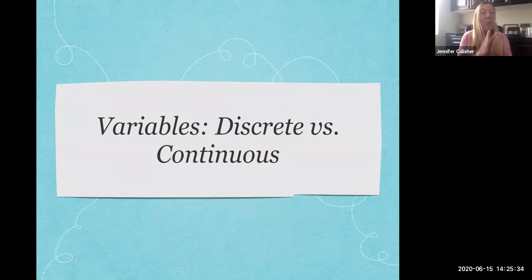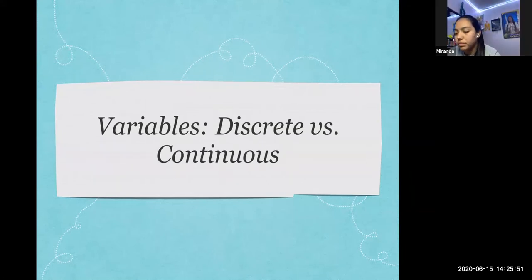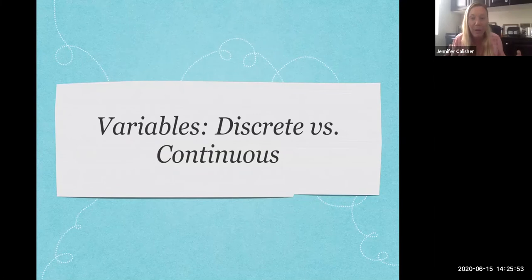So our numerical variables, right? We think of numbers, but there's two different ways we can categorize our numerical variables. We have discrete versus continuous. So discrete, I like to associate it with countable numbers. For example, if I ask you how many people do we have in our Zoom session right now, how many people would we say?